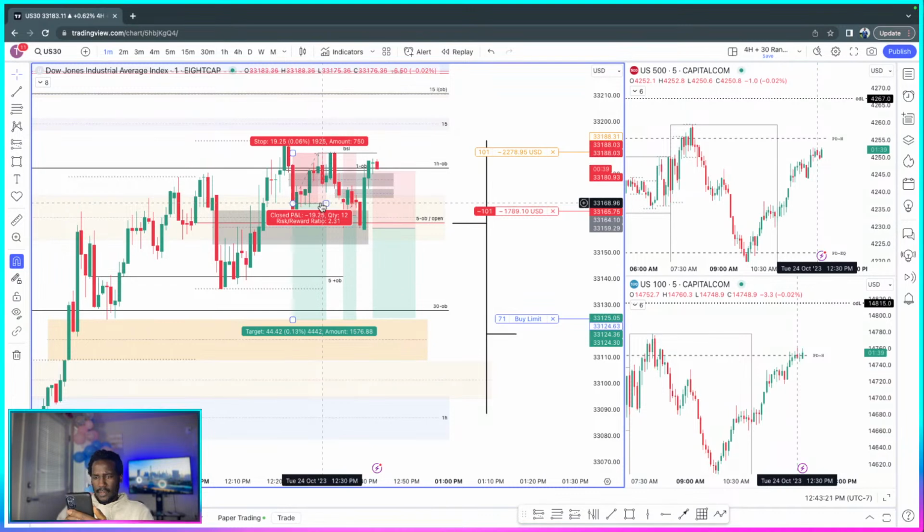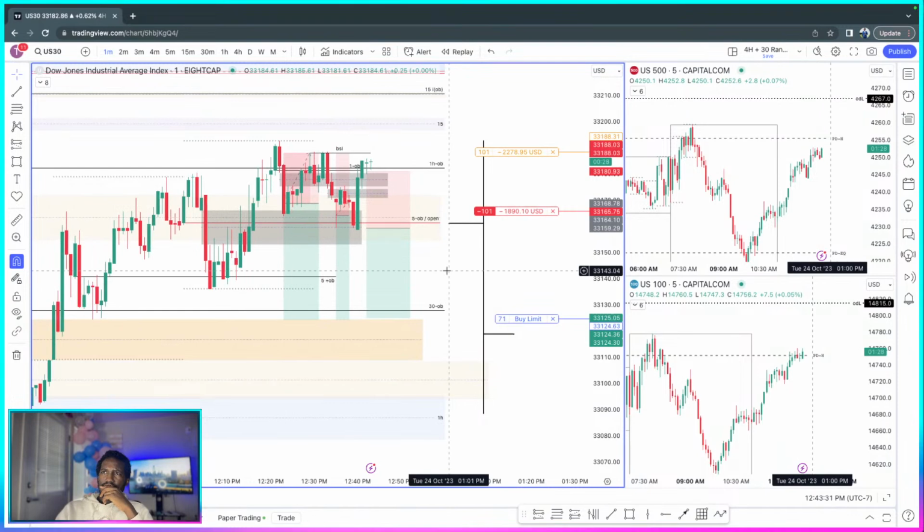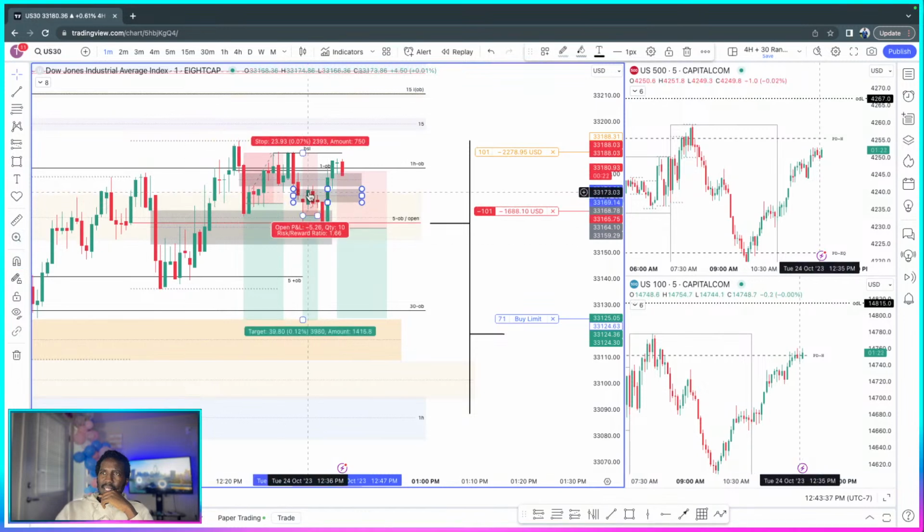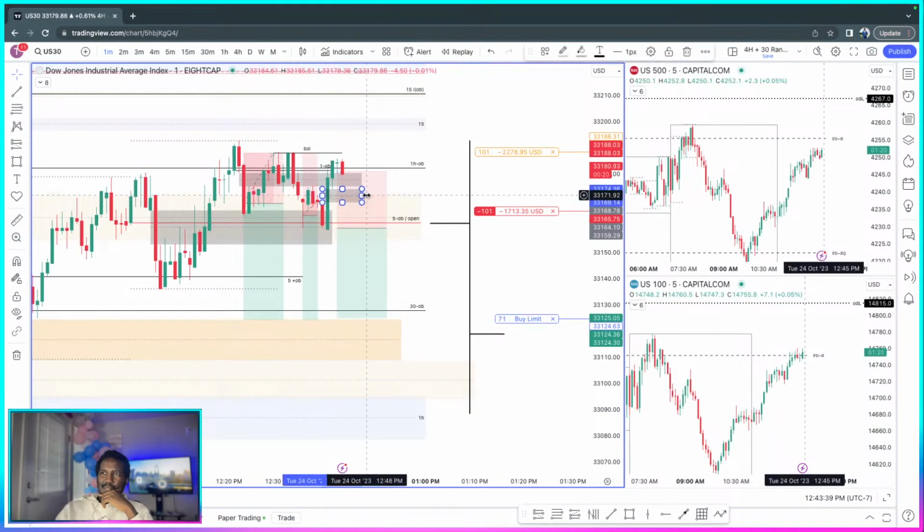Let's update this one to here. Yeah, that drop could be just coming down to this one, and then they shoot up.